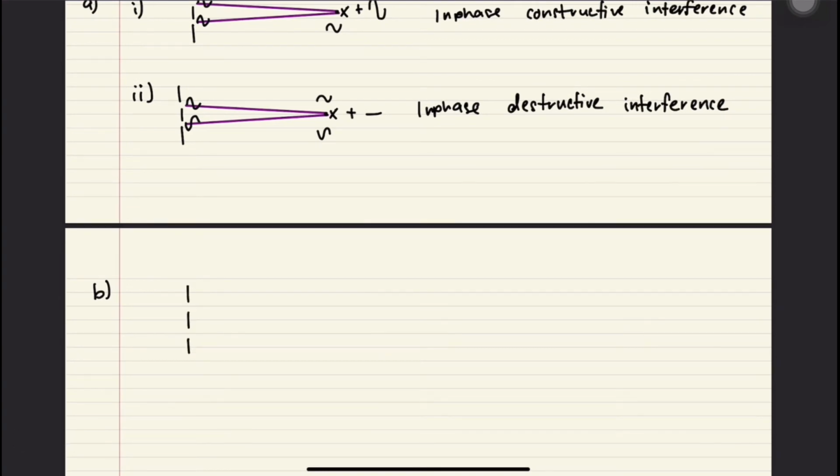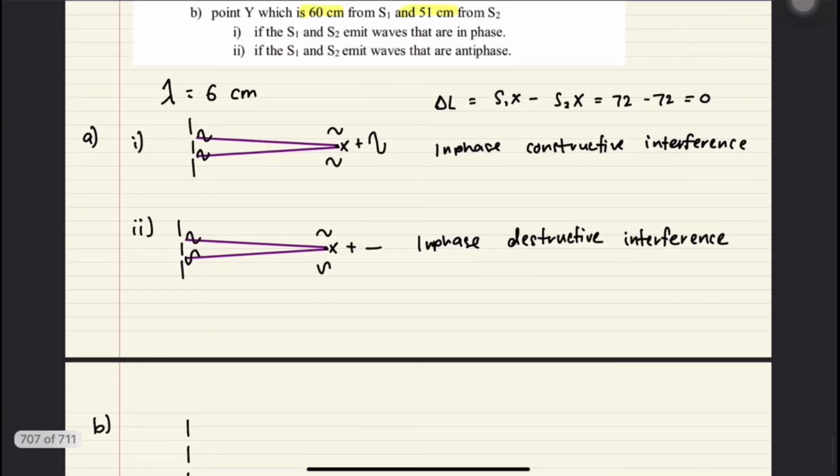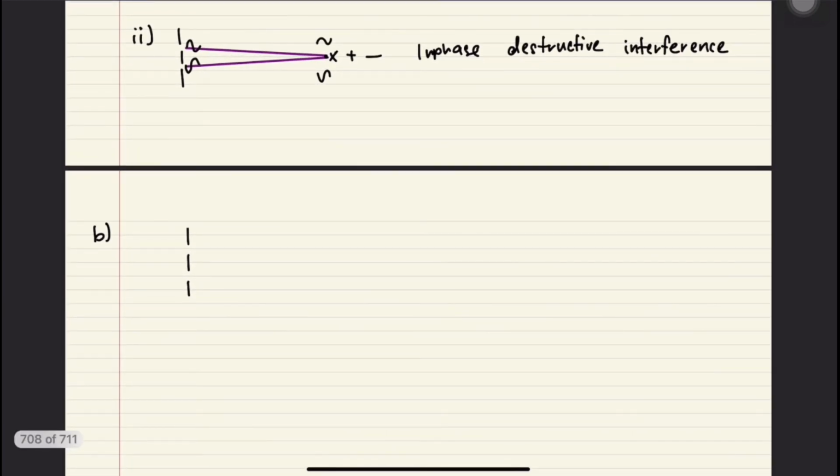You can imagine that the S2 distance is actually shorter compared to S1. So if S2 is below here and S1 is over there, you expect the position to be somewhere over here, a bit below. So this is point Y.